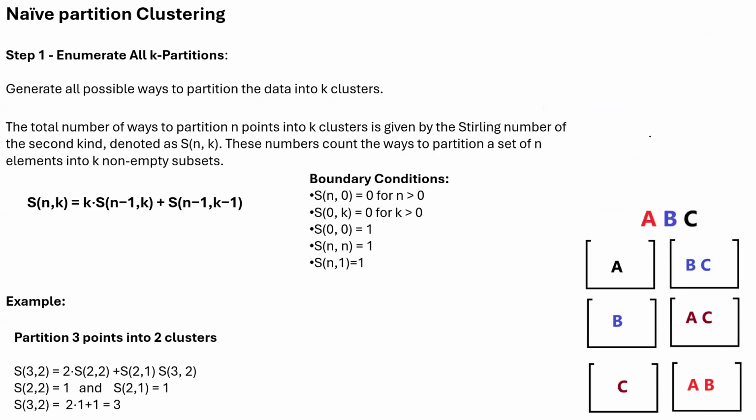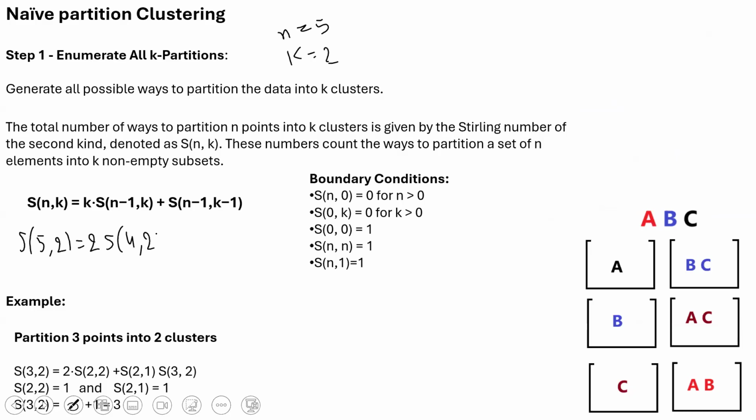Let me take n is equal to 5 and k is equal to 2. What will the Stirling equation give us? It is S of 5 comma 2 is equal to 2 into S of 4 comma 2 plus S of 4 comma 1.